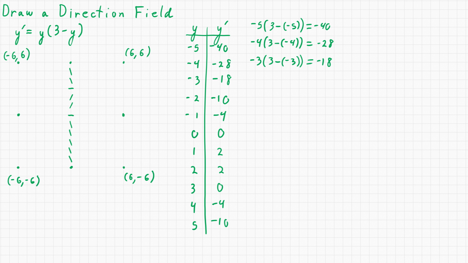And now because there's no dependence on x, it doesn't matter if x is 0 or 1 or 2 or 3 or 4, I can just copy these over. And that's exactly what I'm going to do. I can't draw these very well, so I'm just going to point them pointing down. There's a flat one, there's up, flat again, and a bunch of downs.